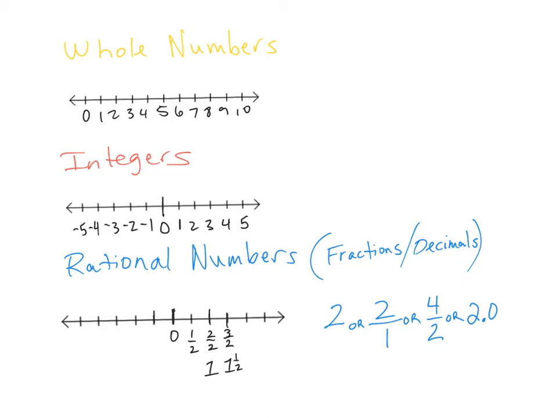And then the opposites. So this would be negative 1/2. This would be negative 2 halves, and this would be negative 3 halves. We're going to get into this more, so don't worry. But rational numbers basically include integers, and they include whole numbers, and fractions and decimals.